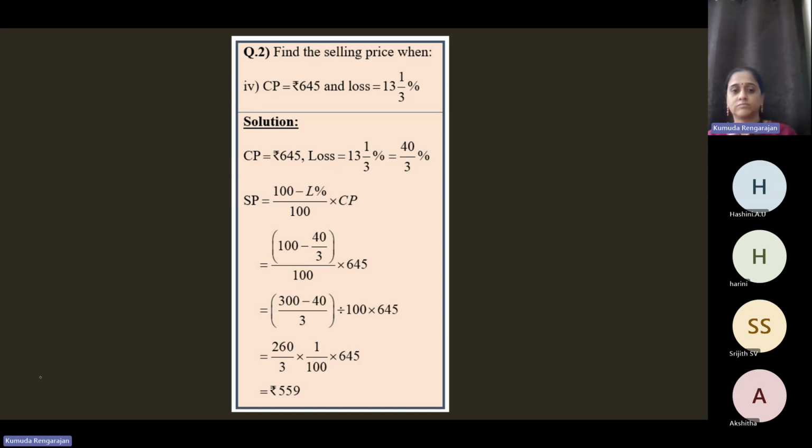Can we turn that 40/3 into decimal? It's a non-terminating decimal, so you should not. If it was like 35/2, that's 17.5, that you can change. But this division will not end, so don't change.